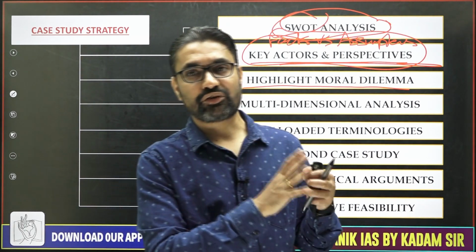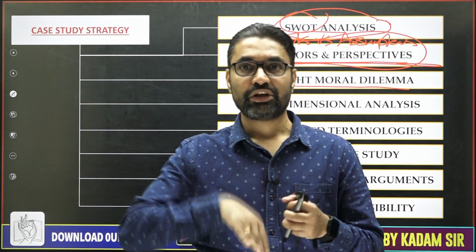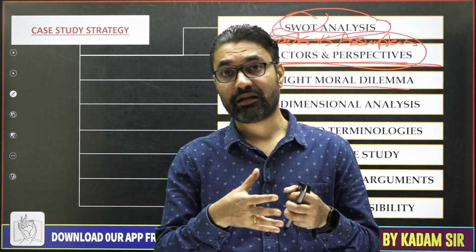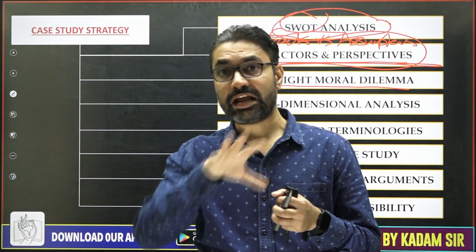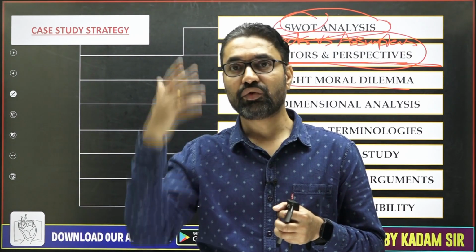Now, whatever you have studied in the philosophy segment, psychology segment, and administrative segment of the syllabus, you need to use that data, link the entire case study with that data, and write the case study in 2 lines.